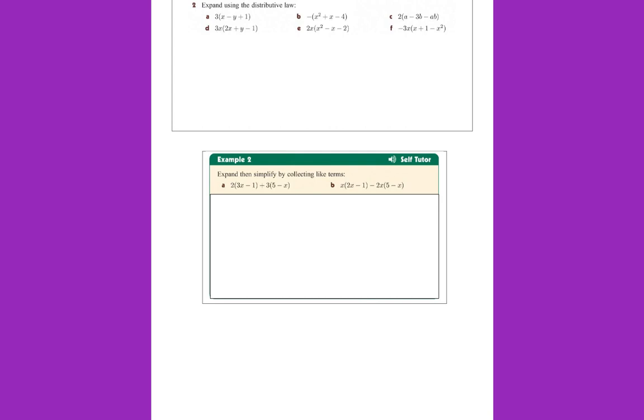Now these questions are just slightly different because there's 3 terms inside the brackets. So let's do B together. And the reason I've chosen B is because there's just a negative sign, there's no number. And sometimes this tricks people up. But the negative is actually the number -1. So we treat this just as any other question.